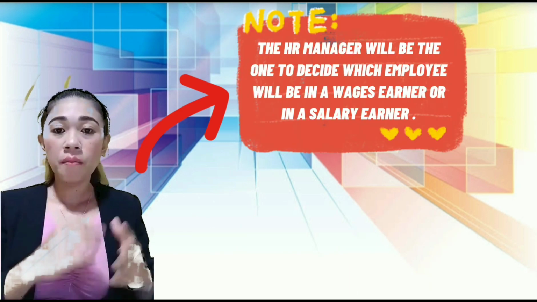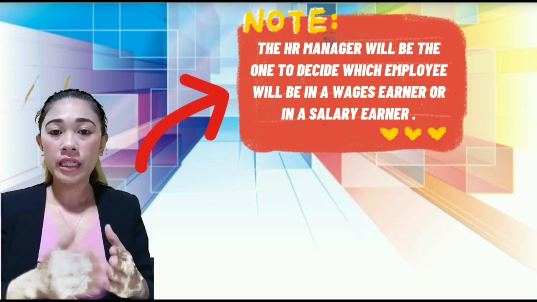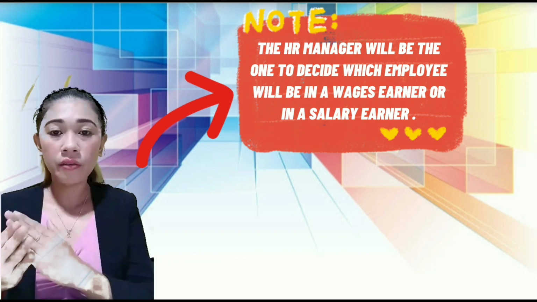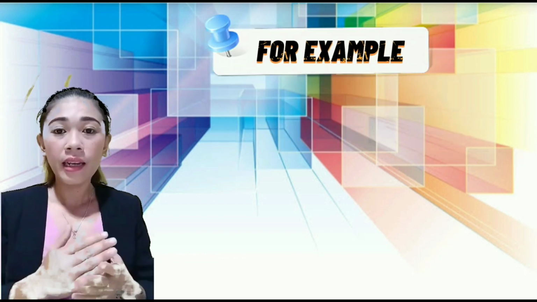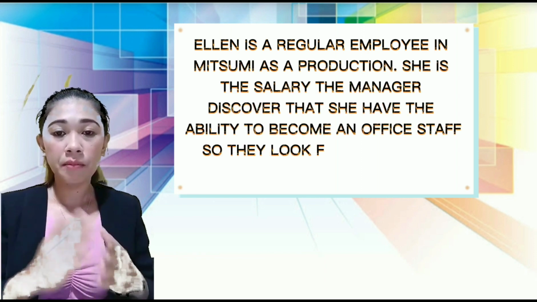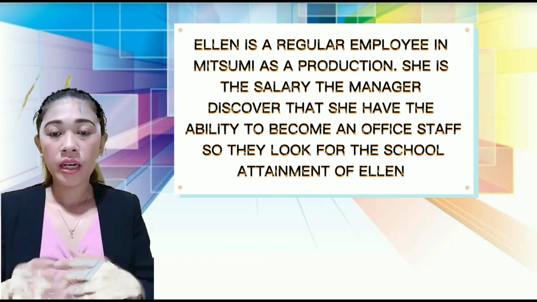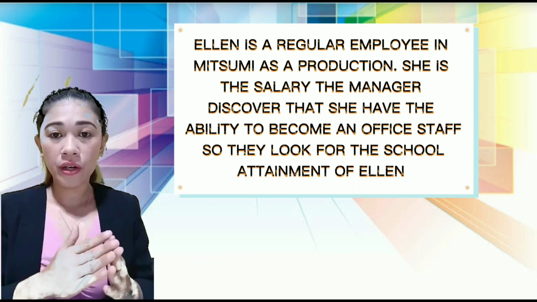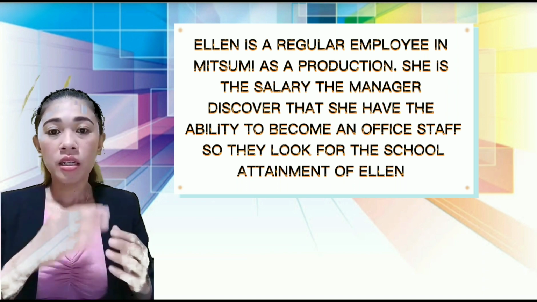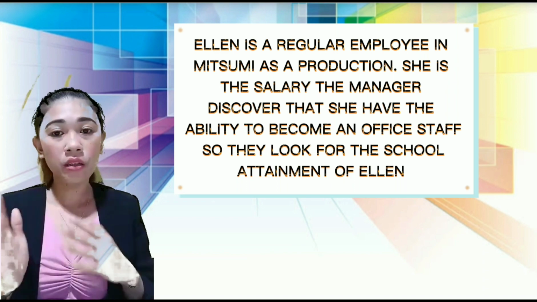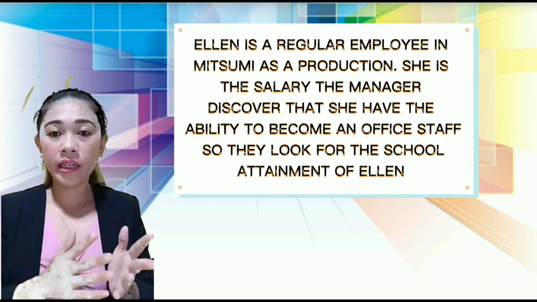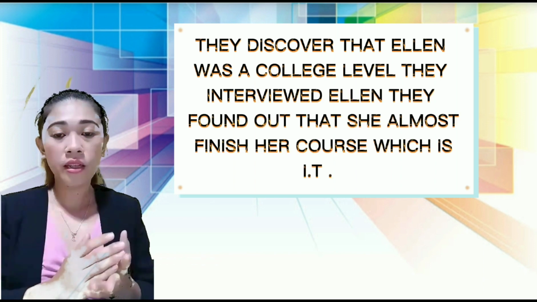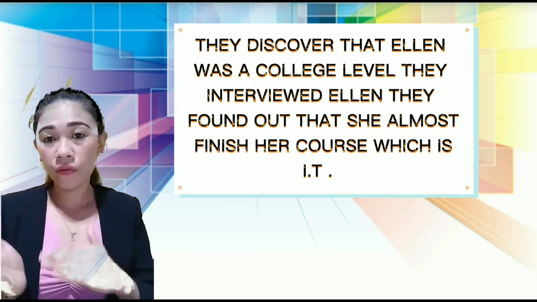So, the HR manager will be the one to decide which employee will be a wage earner and which a salary earner. For example, Elaine is a regular employee in Mitsumi as a production worker, and she is a salary earner. Her manager discovered that she has the ability to become office staff, so they looked at Elaine's school attainment. They discovered that Elaine is college level, and then they interviewed her.